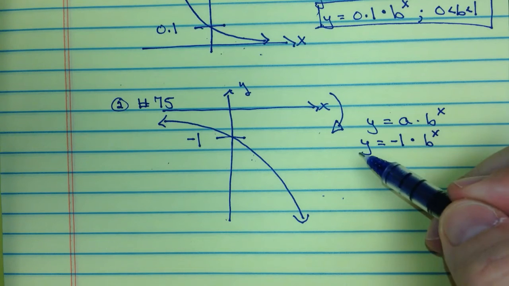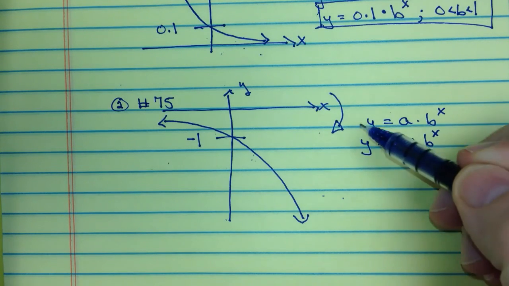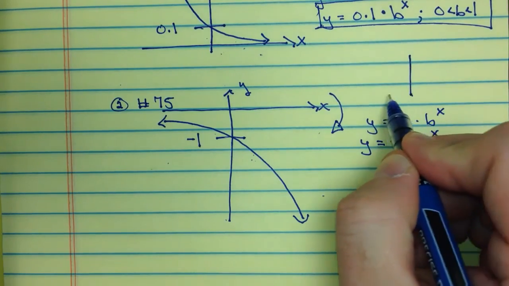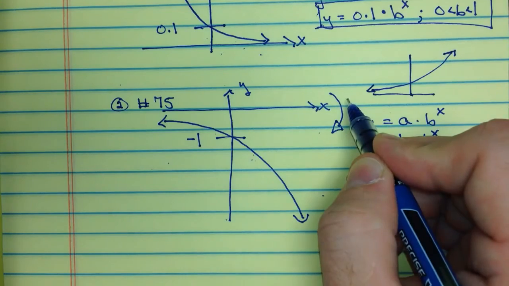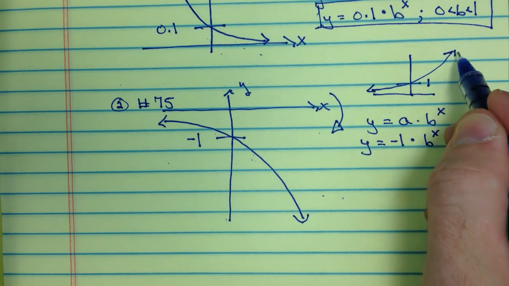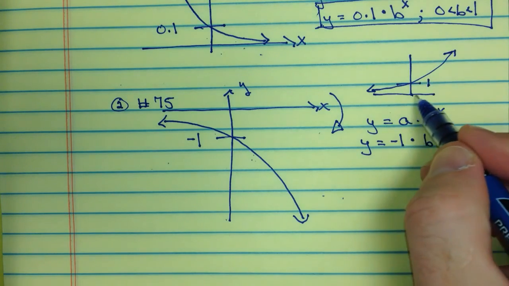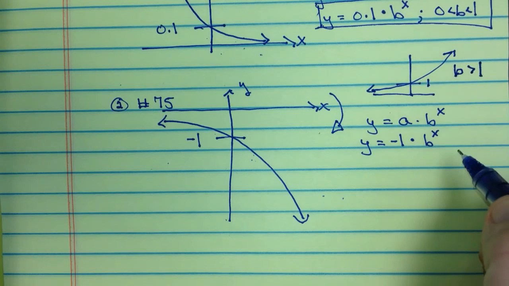So what we need to do is think of what would happen if this was y equals 1 to the x. It would look like this. It would flip over the x-axis and look like this. We're passing through 1. So what would the b value have to be to have a graph like this? We know the growth factor would have to be bigger than 1.